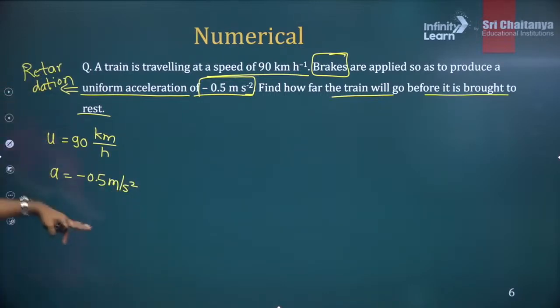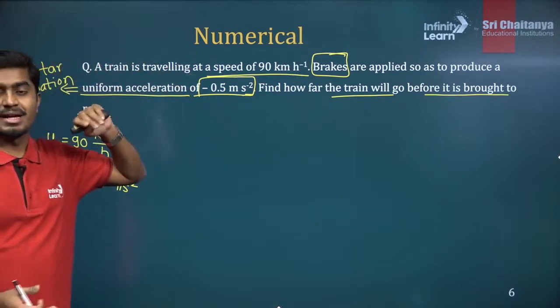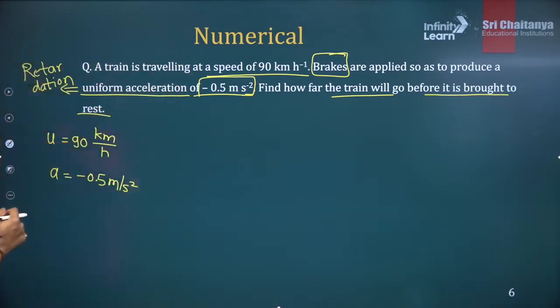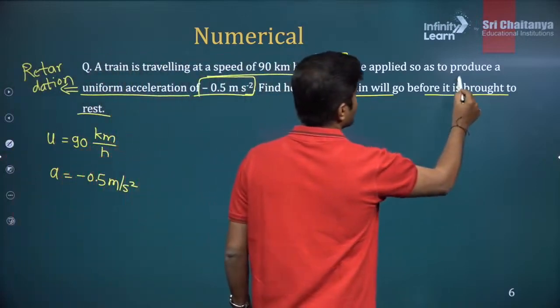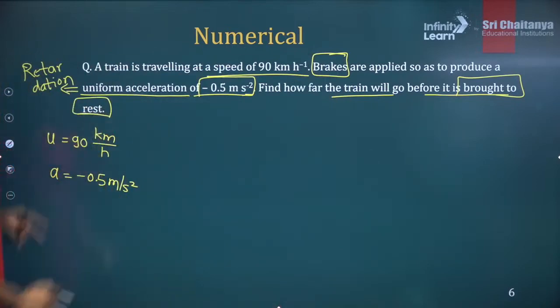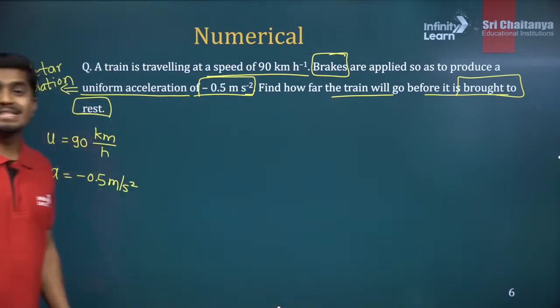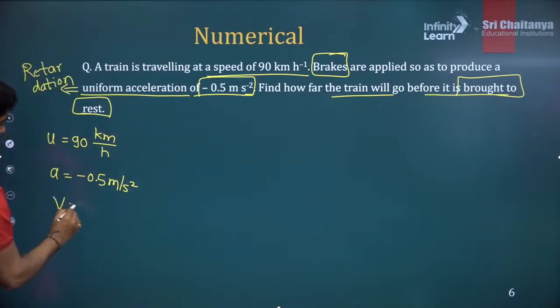Is there anything else which is given in this question? Any other quantity hidden somewhere? Read this. Train will be brought to rest. So what is the meaning of that? It means the final speed or the final velocity is 0. So v is 0.